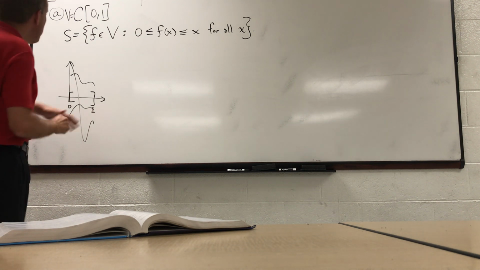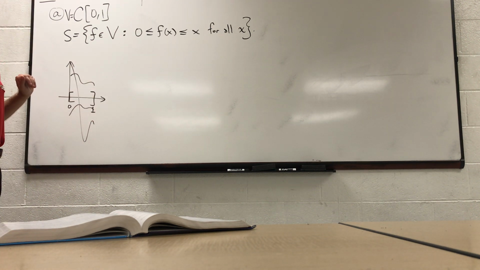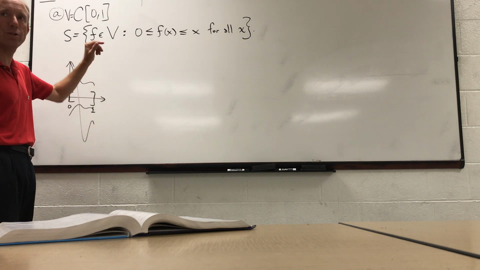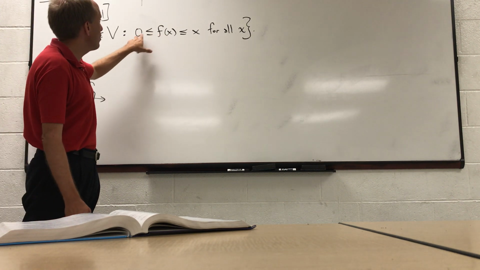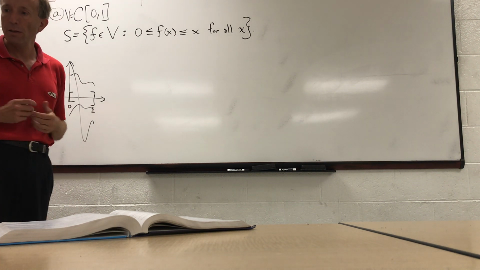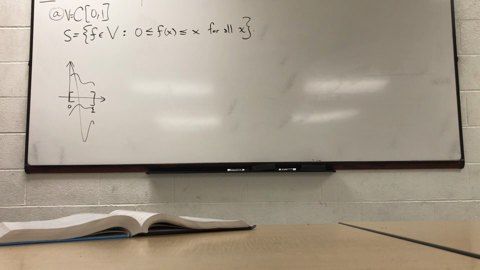This would be what V is. Now my question is, if I take only those functions where the function is between 0 and x, would that form a subspace of V? No.